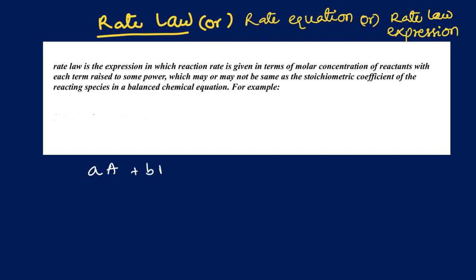plus b moles of B gives rise to product. This can be given according to this definition. Rate is directly proportional to the concentration of A power x, concentration of B power y.